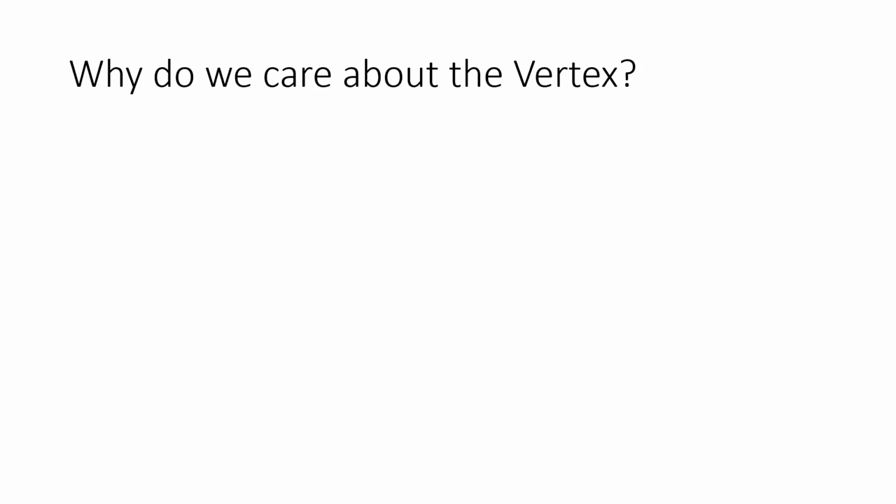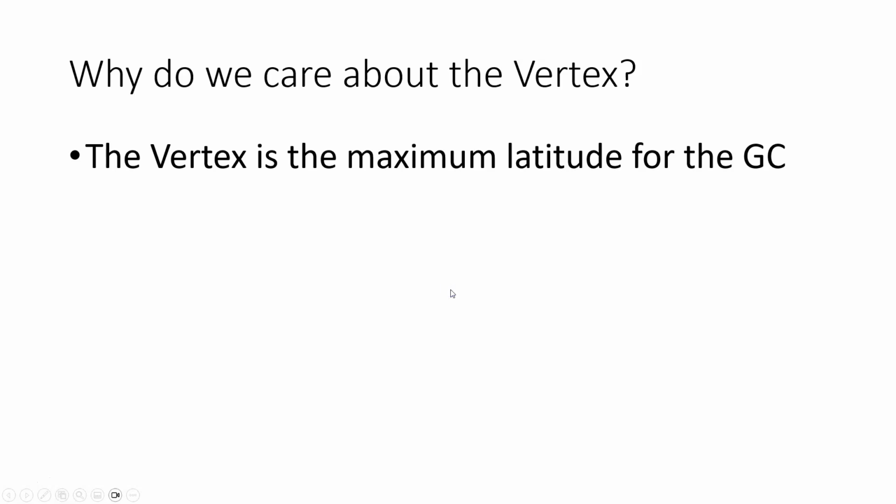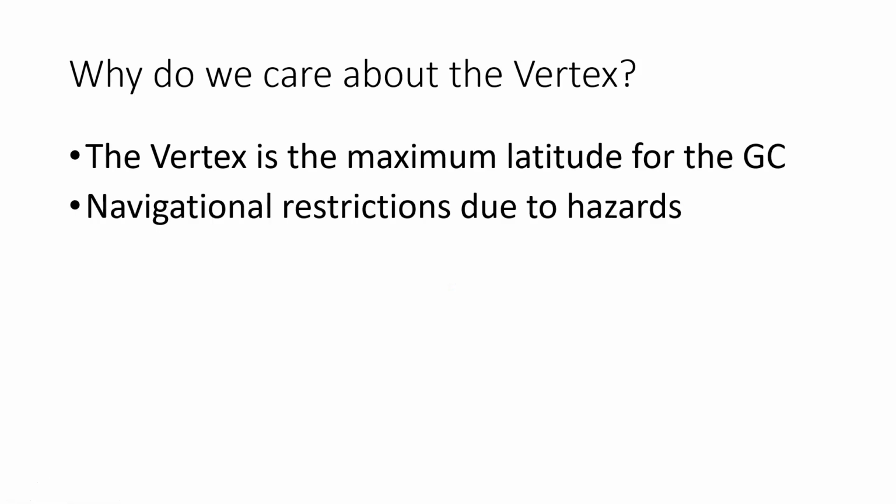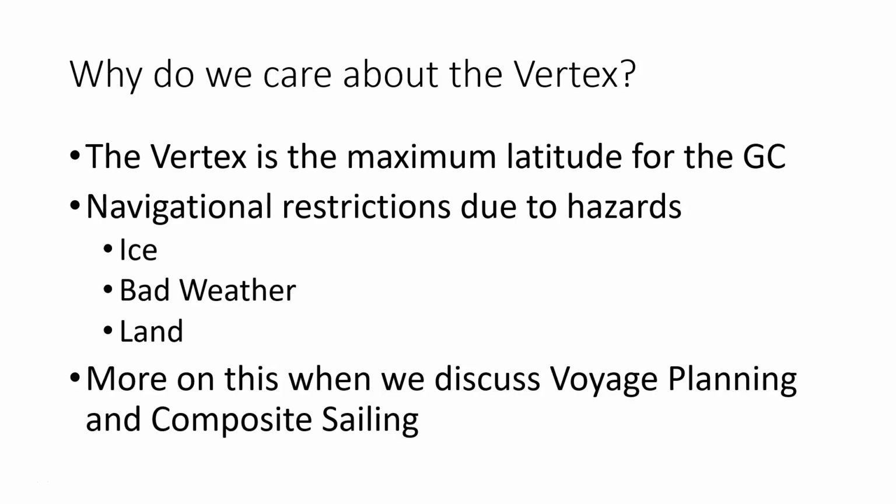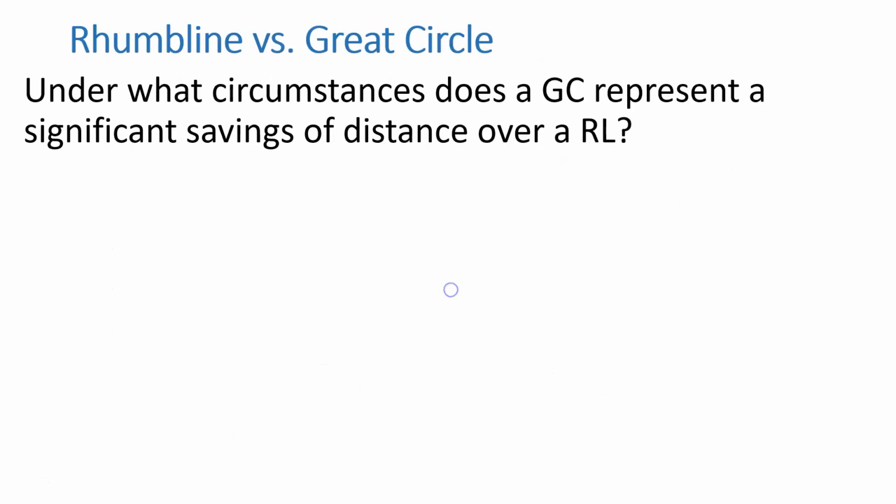As you get closer to the poles, things can happen that might not be so good, like you might encounter ice or bad weather, land masses. So we sometimes use the vertex to limit our latitude, because there might be some navigation restriction due to some kind of hazard like ice, bad weather, land. We're going to discuss more of this in a couple of classes when we do voyage planning and composite sailing, so hold on to that, just planted a seed there.